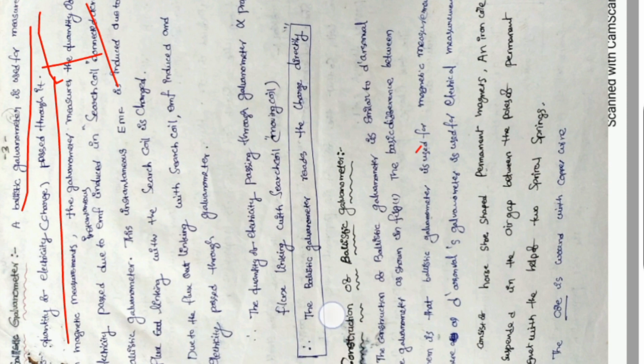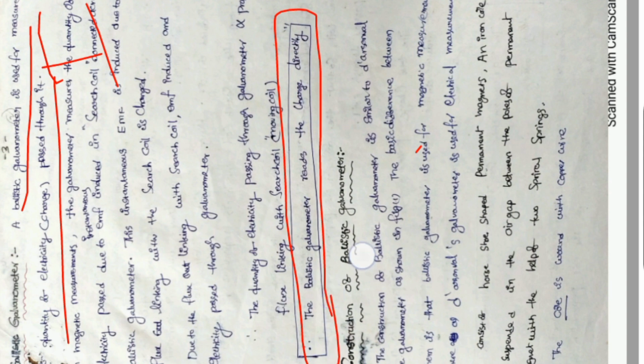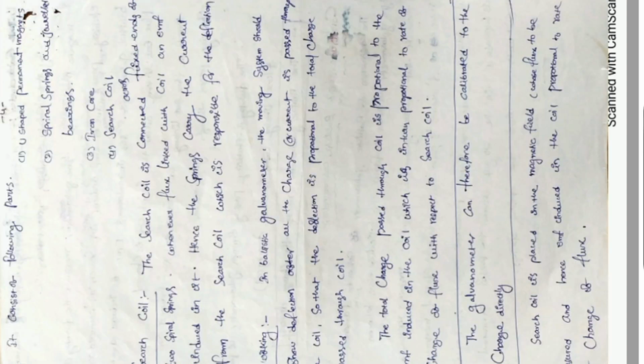The ballistic galvanometer reads the charge directly. That means whatever charge flows, it deflects. Due to flux linking with the search coil, we are using a small difference for that. The ballistic galvanometer is used in conjunction with the search coil. A search coil is wound for a number of turns.